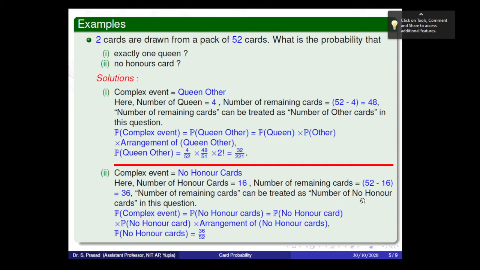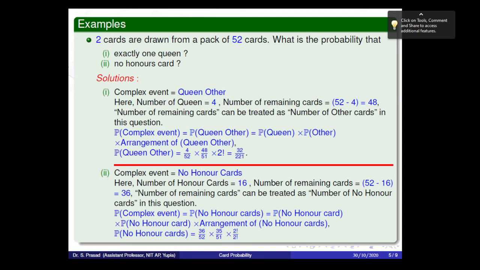The ways in favor are 36 and the total number of cards is 52. Then, once one no honor card is placed, the remaining is 35, so we write 35 by 51.